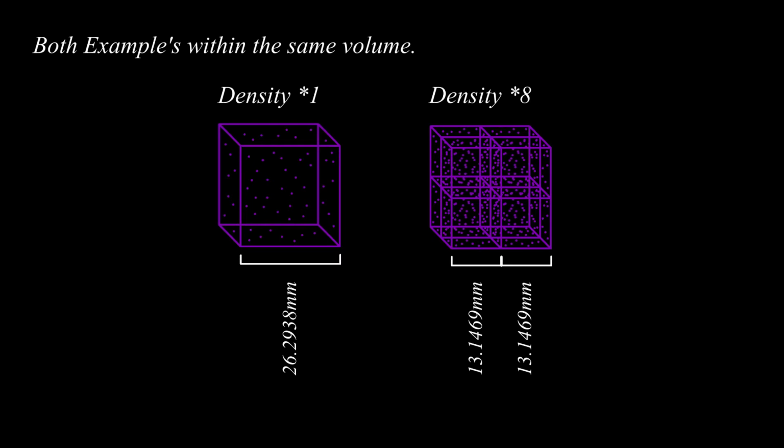So as a simple visual tool, the density of the wavelength to the left is 8 times that to the wavelength of the right. The wavelength to the left is 26 millimeters, and the wavelength to the right is half of that, being 13 millimeters. So that is how it can be seen stacked as per the octave, but in this case with volume, because we are dealing with density.